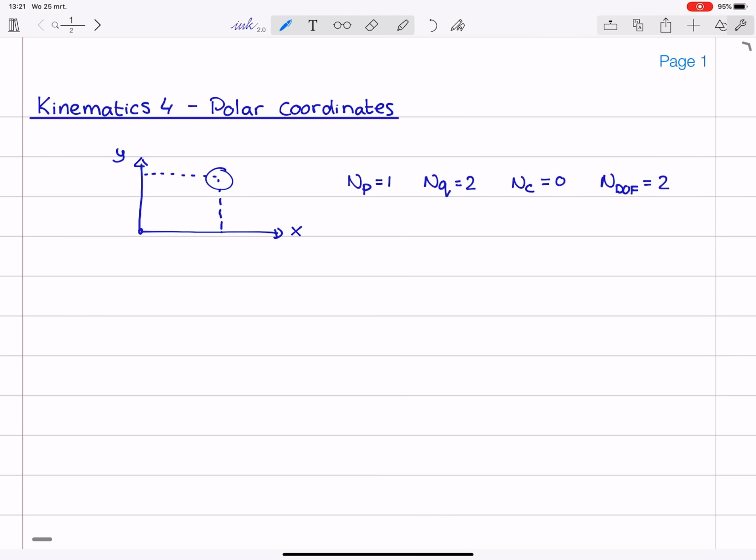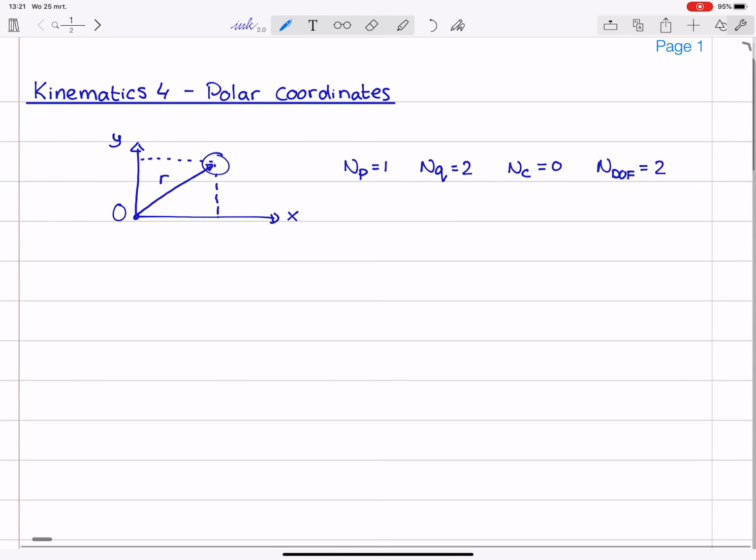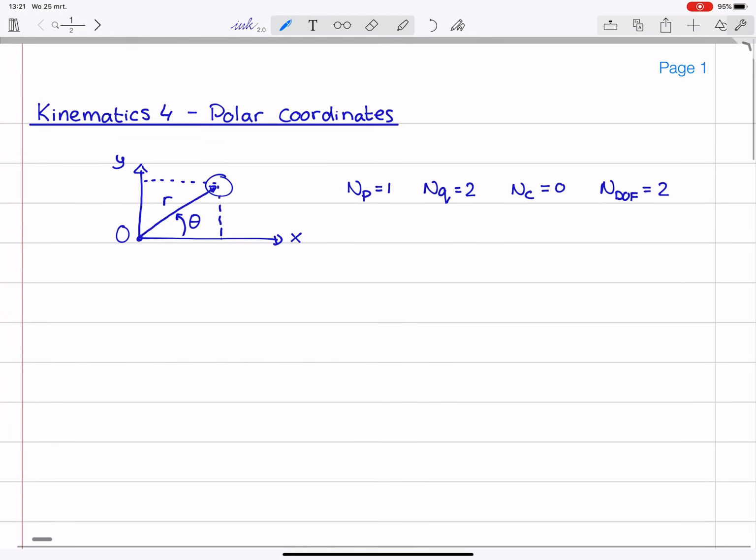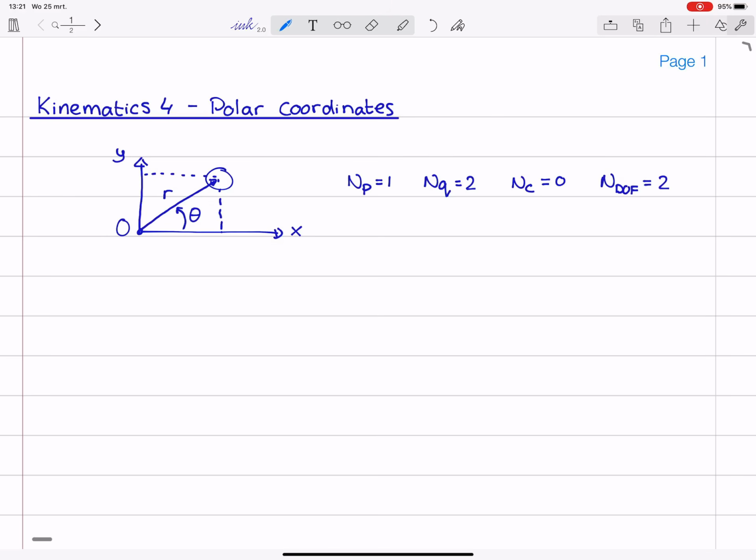Now, let's say we want to use polar coordinates instead. So rather than x and y, we will use r, the radial distance from the point mass to the origin, let's call that O, of the inertial frame, of the fixed frame, and the angle theta in between the x-axis and r.